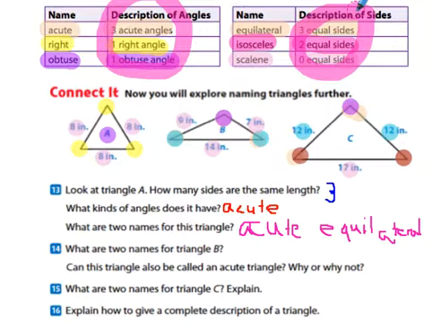In this case, we have an obtuse scalene and a right isosceles, but they can be put together in other ways. You can also have a right isosceles or an obtuse isosceles. You could also have some other combinations.